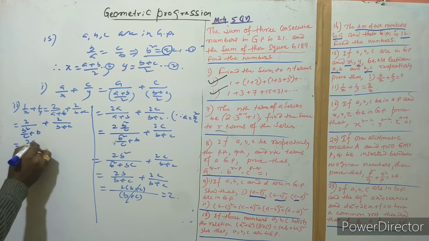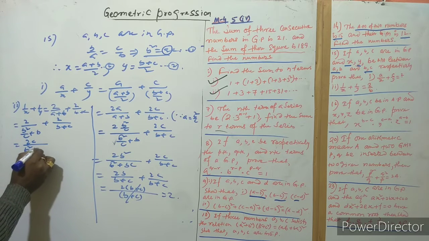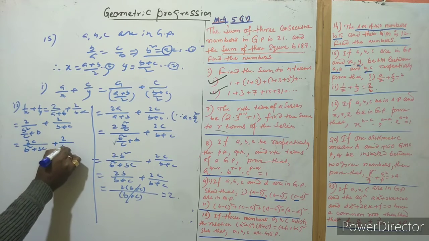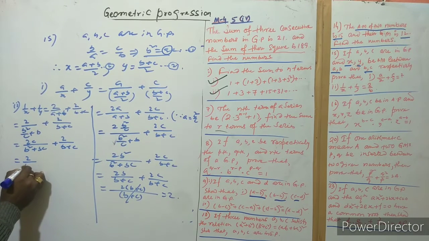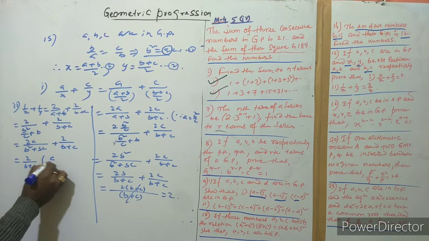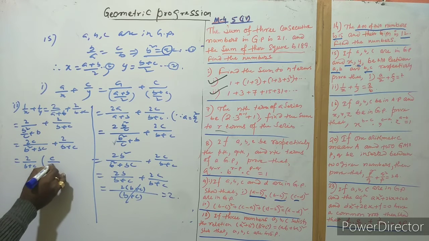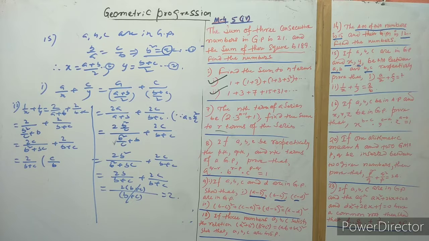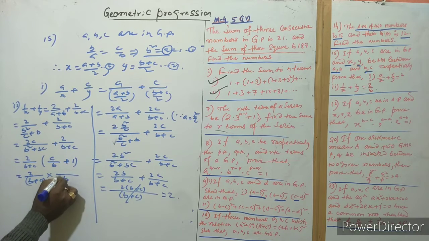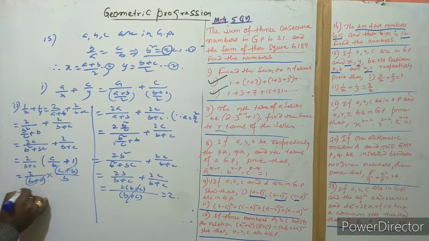Now 2C by B square plus BC and 2 by B plus C. Now take B common, so we are left with C by B and 2 by B plus C. Now this is 1, so 2 by B plus C times C plus B. These two are cancelled, so 2 by B. So this is the right hand side. See the solution carefully, very interesting question.